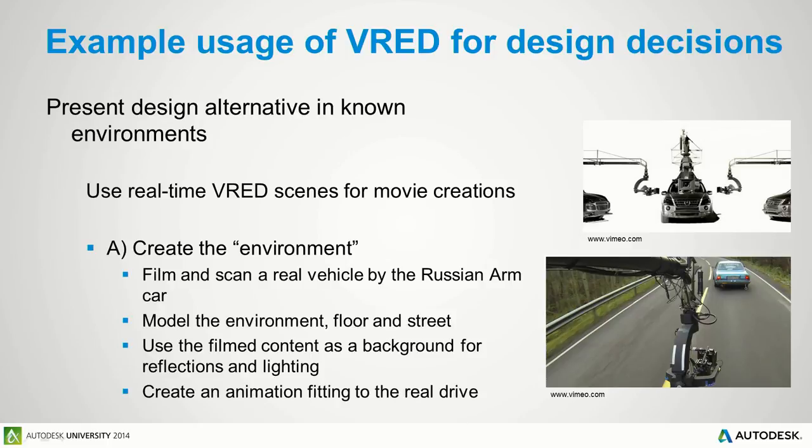This is an example where a customer used those 27,000 frames for, and still uses it for. The Russian arm car is a car where a camera and an arm is mounted on the roof.